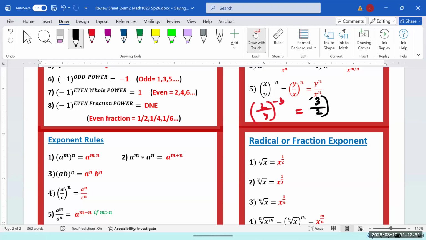So you get 3/2, and then the negative 3 turns into positive 3. But you cannot stop here because you can distribute your 3. So if you distribute the 3, what do you get on the numerator? 3 times 3 times 3, 27. And on the denominator, 2 times 2 times 2, 8. So that's all you have to do.